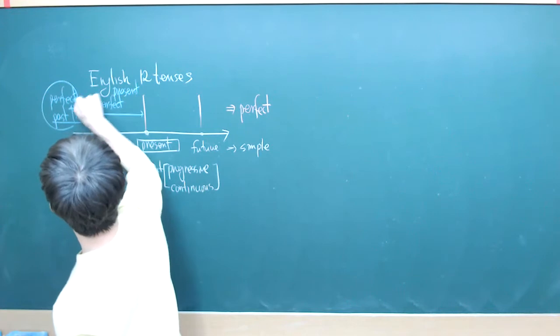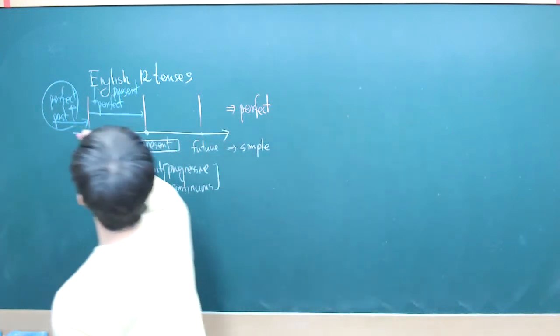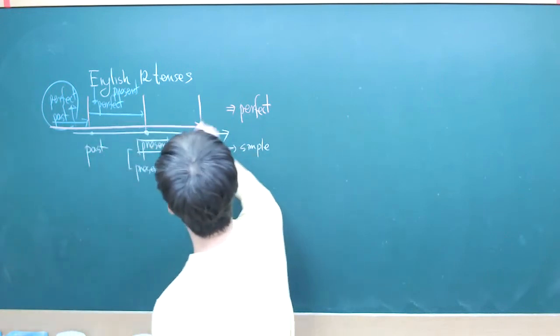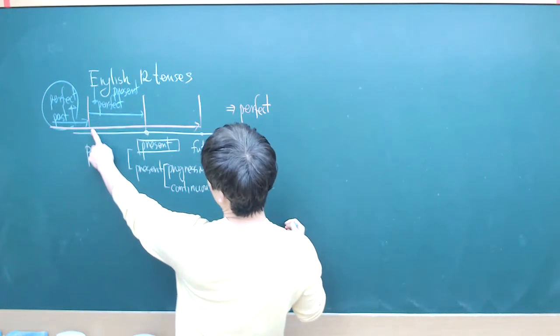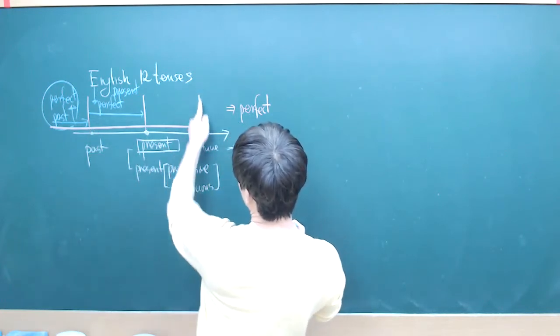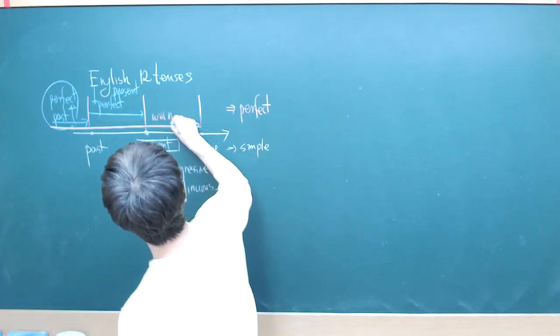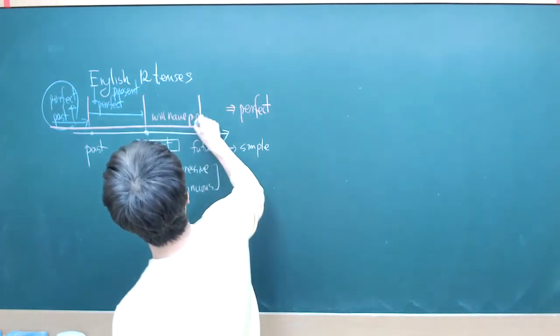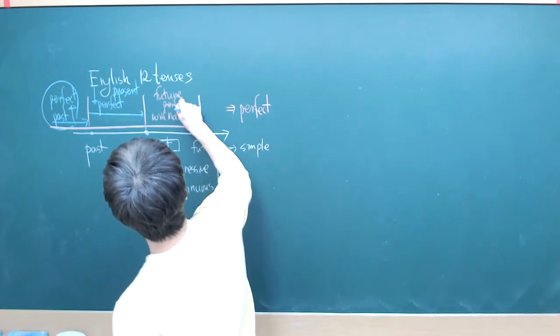Past perfect, present perfect. The last one should be expressed like this: a certain kind of action or status goes up to a certain point in the future. This is future perfect.